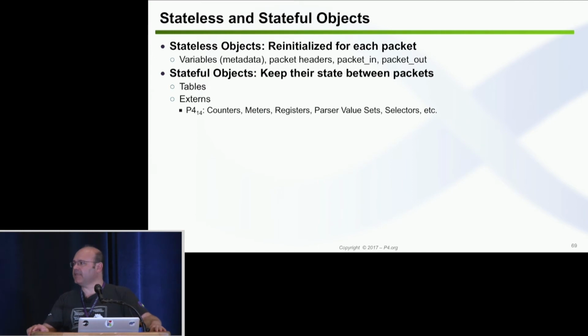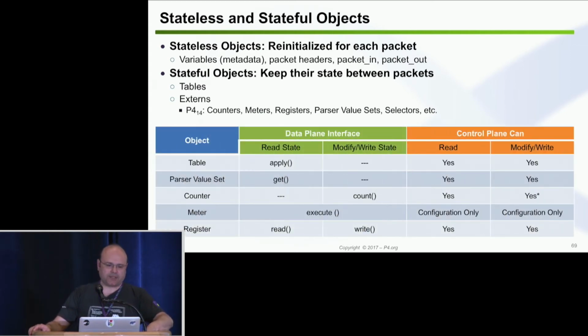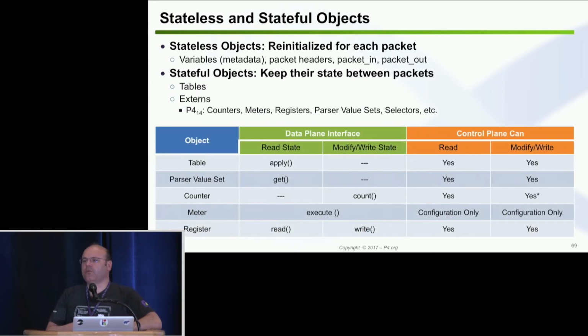The nice decision, I think, made in P4_16 is that there are only two kinds of stateful objects in the whole language: tables and externs. If your hardware has something that keeps state, it will be an extern. In real hardware, we have a need for a variety of such objects. So counters probably come to mind first, right? They keep state between packets.